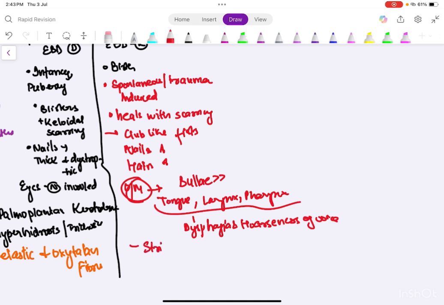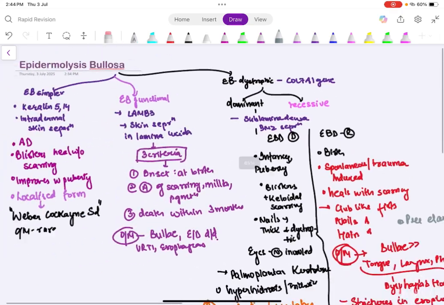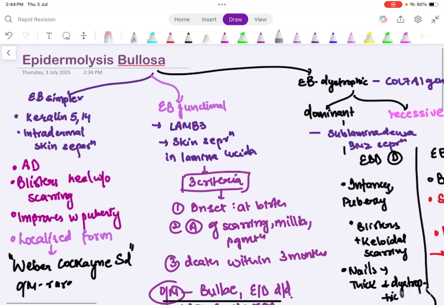Then strictures in the esophagus, then hypoplastic teeth, and there will be pre-elastic and oxytalan fragmented fibers. So this basically completes everything that you need to know about epidermolysis bullosa.